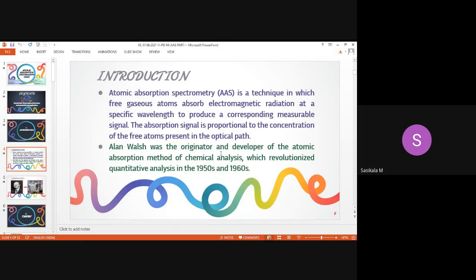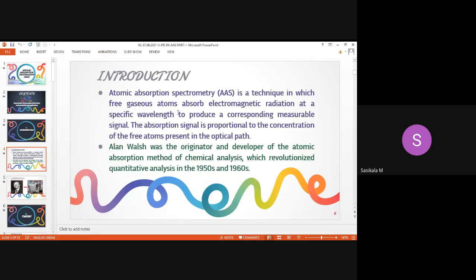Likewise, the optical path is where the radiation is passed through the sample through different parts of the instrument. When free atoms are present in this optical path, they will absorb radiation, and that absorption is directly proportional to the free atoms present in the sample. So this is the general idea about atomic absorption spectroscopy.